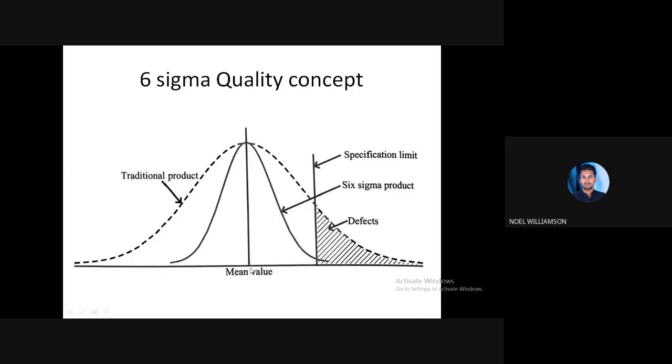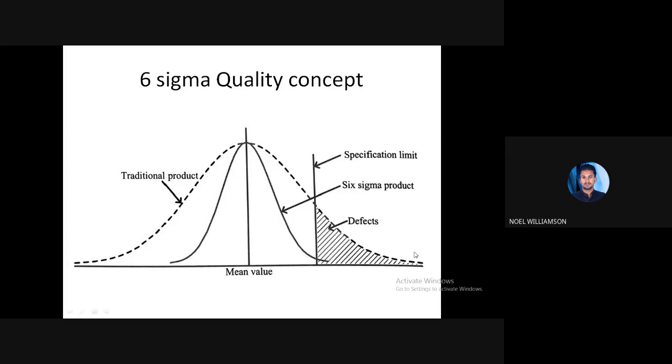And if it is 2 plus 2, that is 4 sigma, then 95.5% of the products will be without defects.